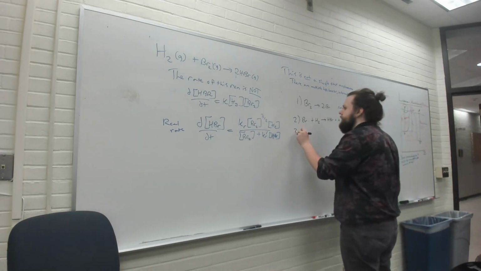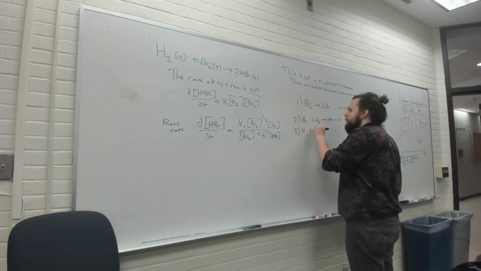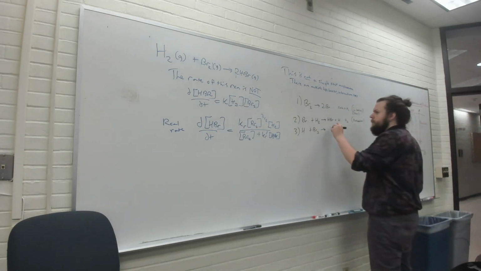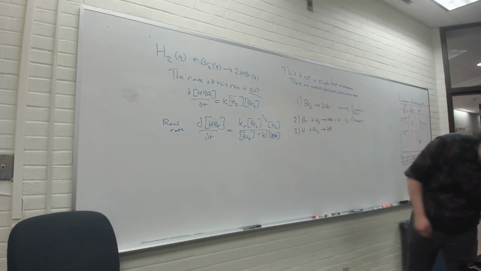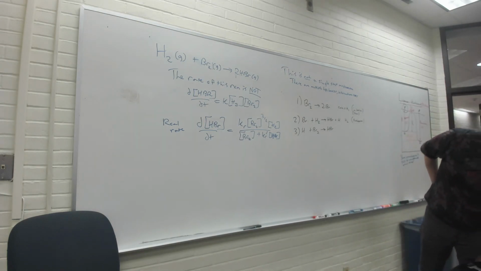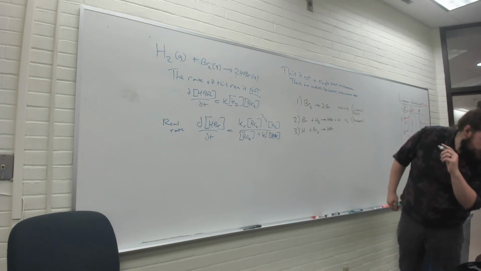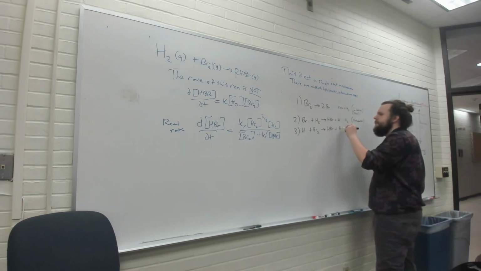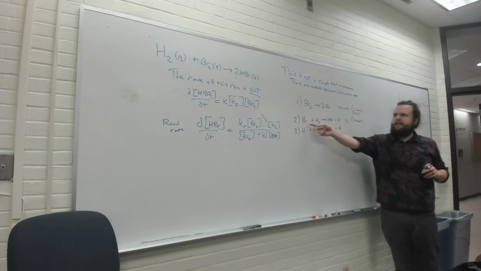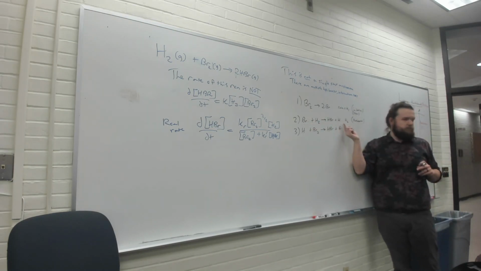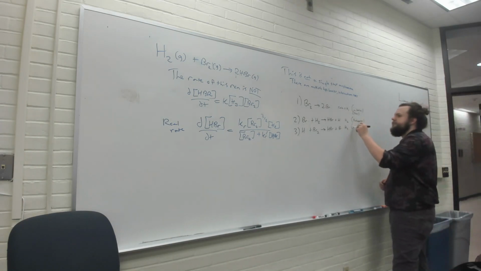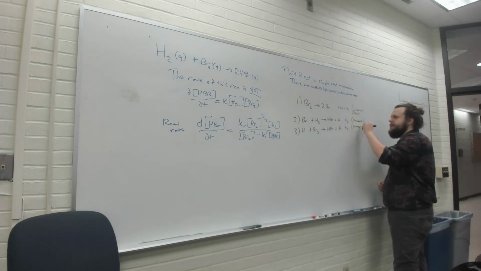This can then go back and react with Br2 to form HBr and Br. Sorry, so we can have both processes: the H transfer to bromine, or the bromine transfer its electron to hydrogen. Call this K3. This is also a propagation step. We're just moving the unpaired electron around.